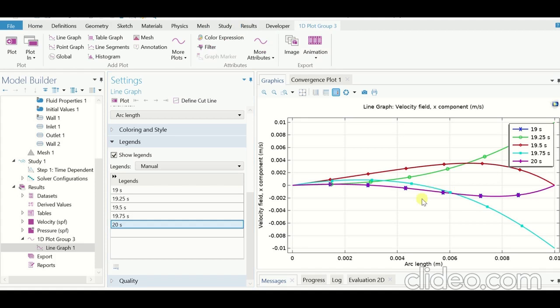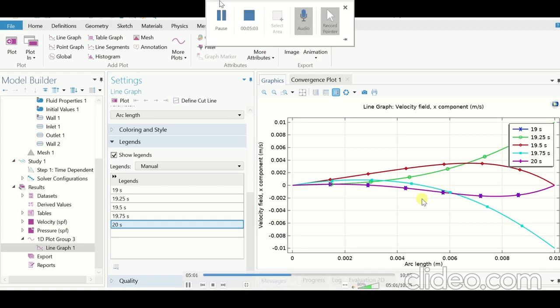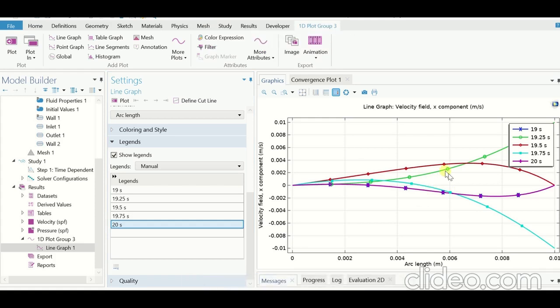Here you can see the velocity profile at 19.25 seconds. At this time the plate is moving forward, so the liquid attached to the plate is also moving with the same velocity. You can see this green line. The fluid just adjacent to the plate is moving at the same velocity, and as we move downward from the top plate to the bottom plate, the velocity decreases, and it is 0 at the bottom plate.